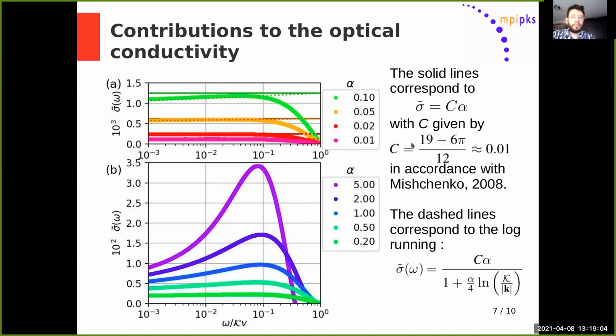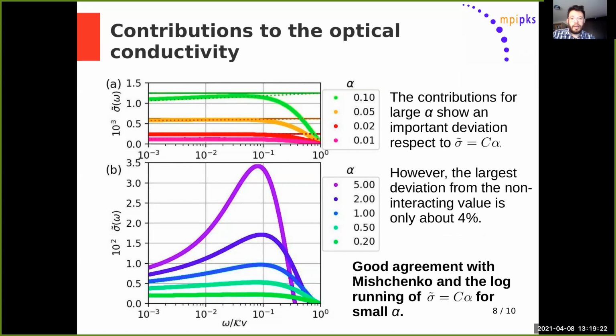So the method not only obtains the constant C equal to 0.01, but also the running of the corrections to the optical conductivity with the frequency. In that way, it makes us think that this method could be quite useful in describing these systems, and it is consistent with Mishchenko's value.